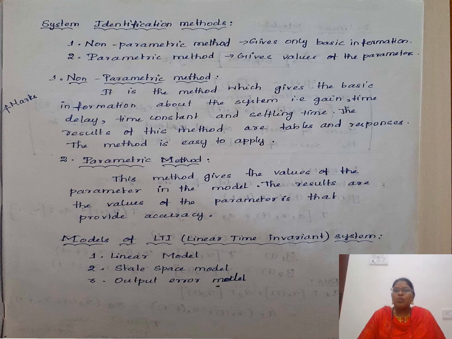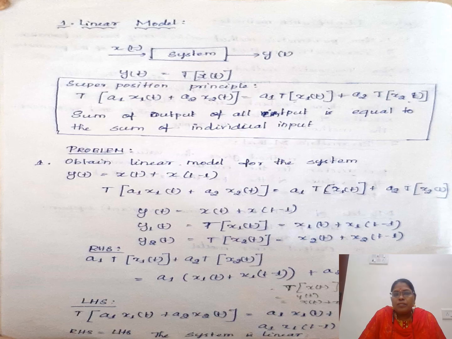Next comes the models of linear time invariant systems. There are three different models. One is the linear model, the next one is the state space model, and the next one is the output error model. For the linear model, we have to apply the linear theorem, which is nothing but applying the superposition principle.